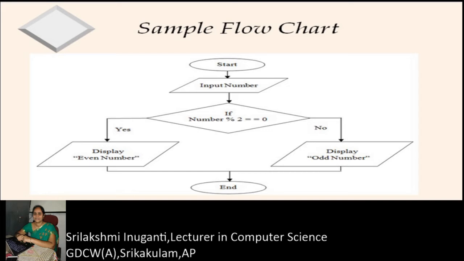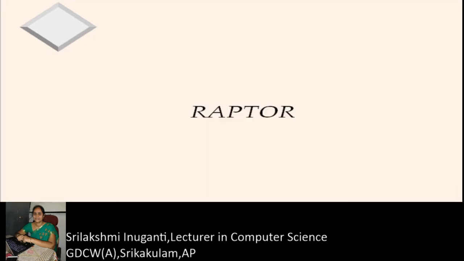So yes, display even number. No, display odd number. These parallelograms indicate the output. This parallelogram indicates input. This diamond indicates decision. And start, end. Okay, now we have seen what is a flowchart, what symbols we can use in flowchart, and how to draw the flowchart.